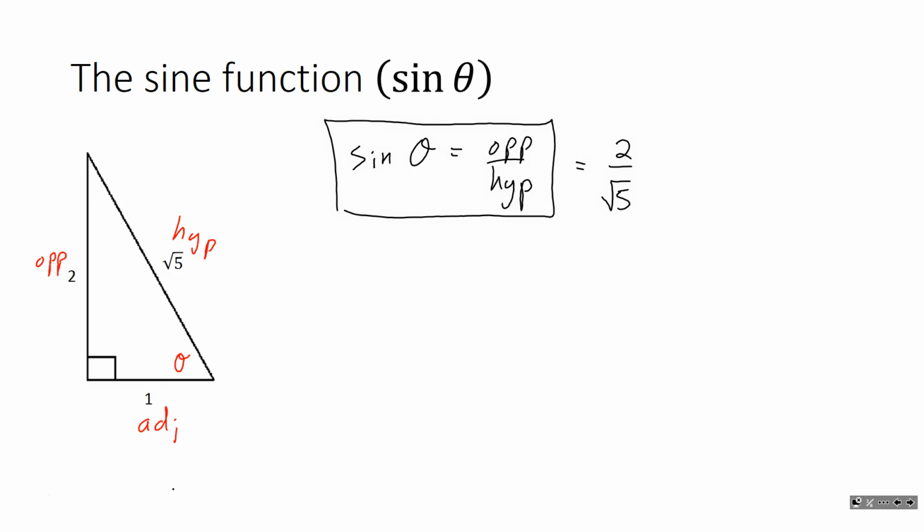We'll of course rationalize the denominator. We multiply the numerator and the denominator by that square root of 5, which gives us 2 square root of 5 over 5. Rationalizing the denominator means essentially getting rid of the radical symbol in the denominator. And that's the sine.